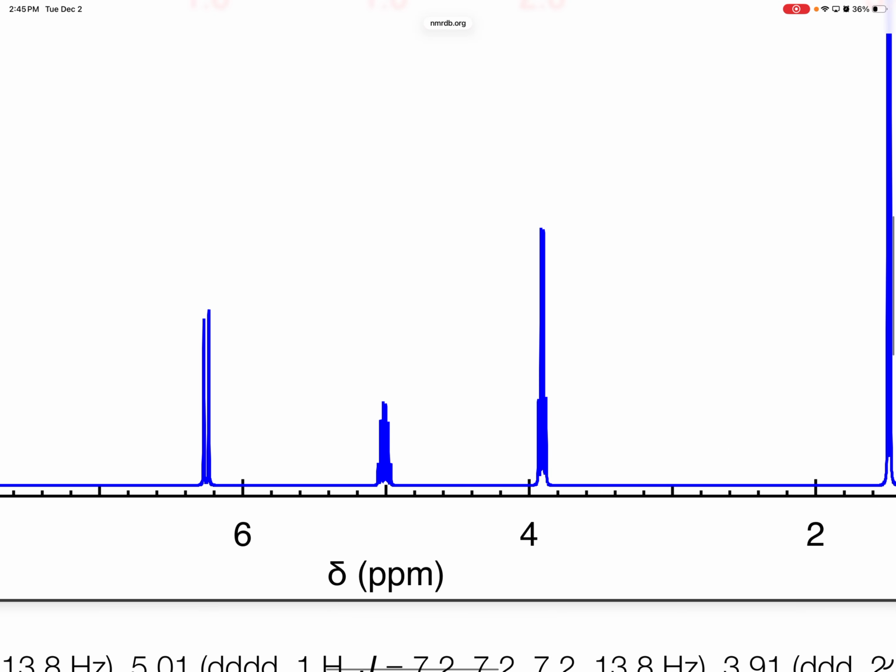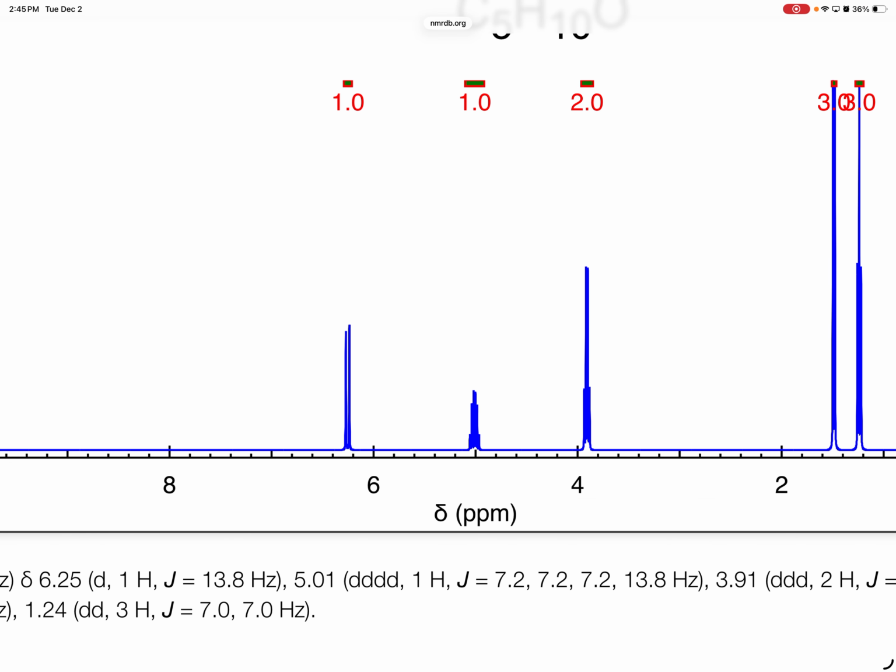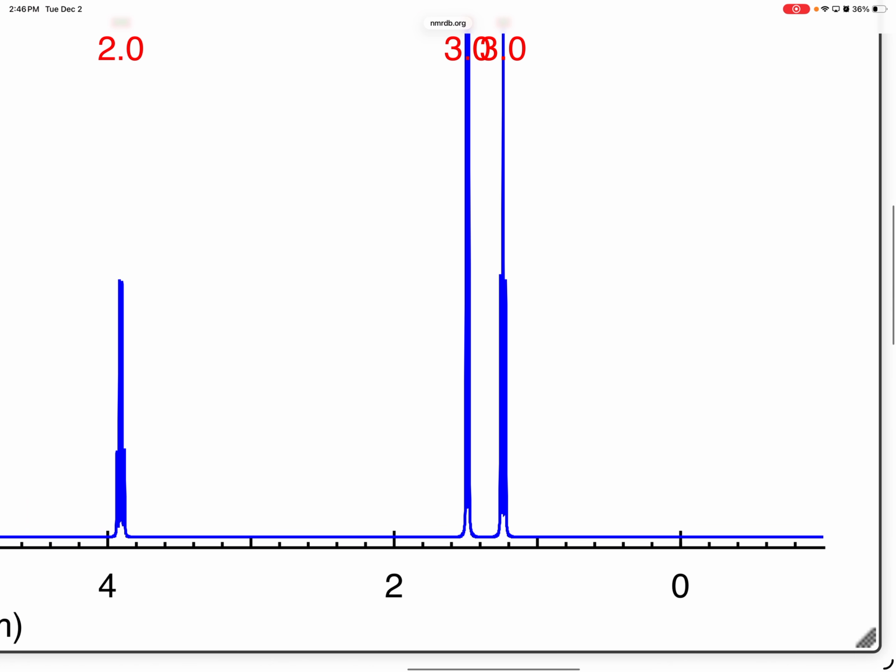All right. Oh, okay. Upon further inspection, it's a quartet. So how many neighbors must this one see? 3. So let's put what kind of group at the end here? Methyl, yes. Because look, 1 CH3 is what kind of splitting here? The one first upfield is a triplet, right? So that would make sense. That's a triplet. Okay.